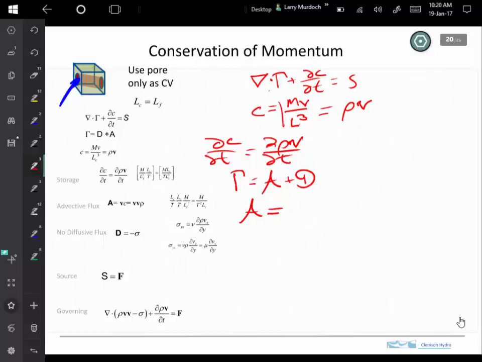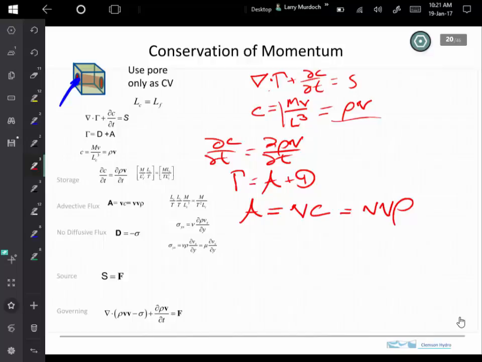So the advective flux of momentum is the fluid velocity times C, and that will equal the fluid velocity times the fluid velocity times the density, right? Because C is just the fluid velocity times the density. So that gives us the advective flux of momentum.